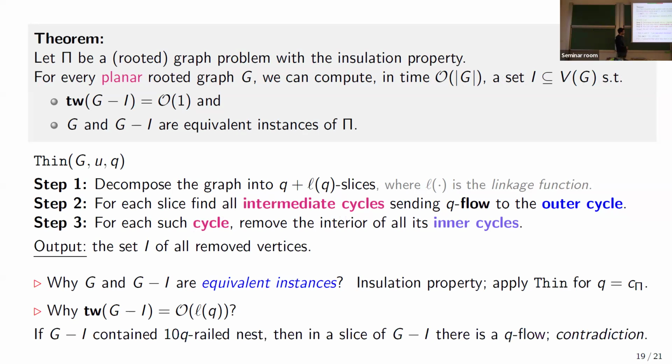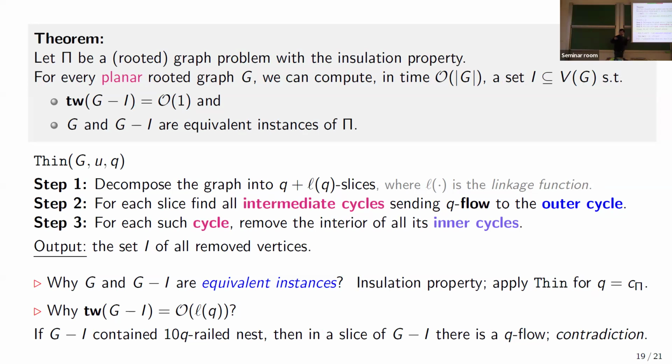A bit more tricky: why is the treewidth after this procedure bounded? Well, imagine that I apply this procedure and I remove all these vertices. Imagine that still I have a very large railed nest. This railed nest should appear somewhere in the graph. And in fact, I can prove that it should appear in some slice.